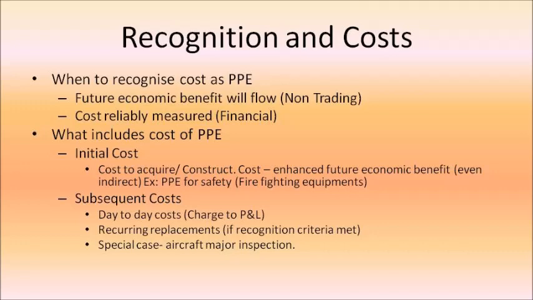The subsequent costs mainly are of a few types. I will give some examples. If they are repairs and maintenance, if they do not result in an addition to your economic benefit, or they do not result in increased capacity of your property, plant and equipment, in such case they are to be charged to P&L.